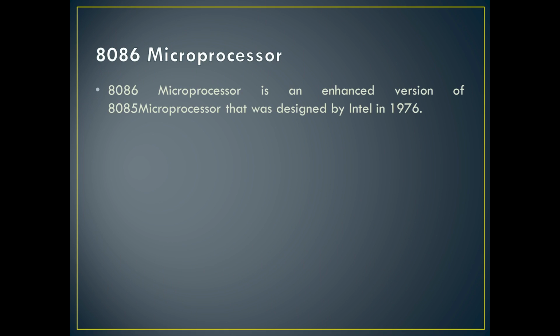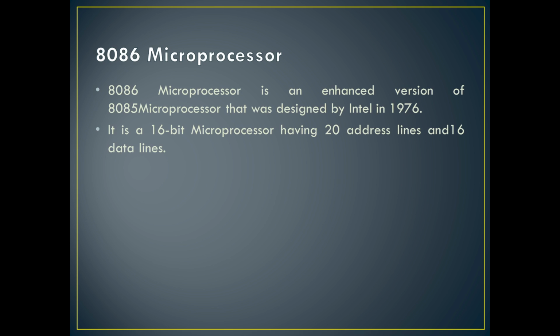The 8086 microprocessor is an enhanced version of the 8085 microprocessor, and it was designed by Intel in 1976. That means it is quite old. Next, it is a microprocessor with 16-bit data.